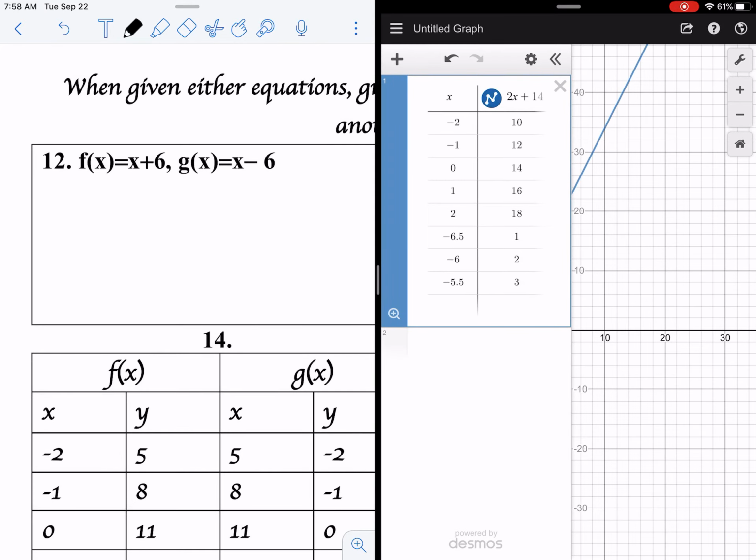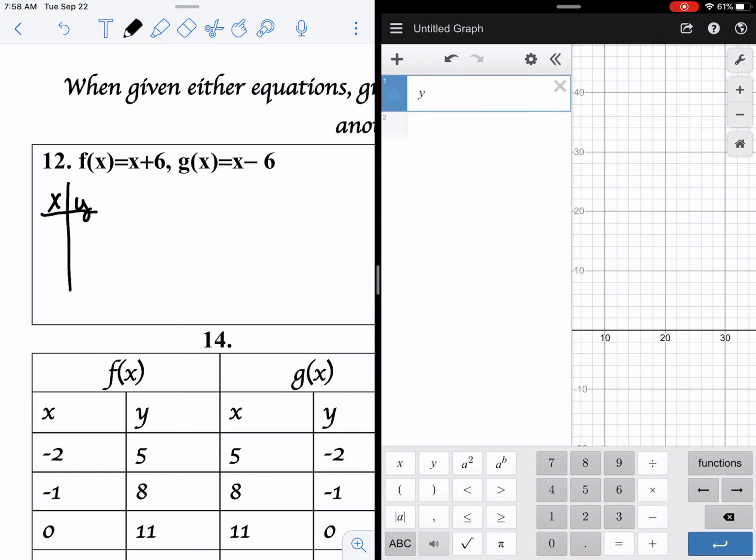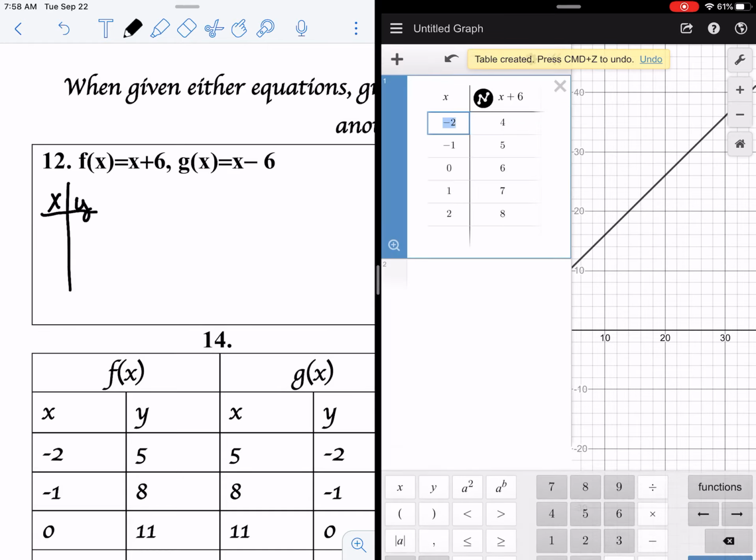I'm going to say x, y. I'm going to go y equals, type my first equation. Now, even though the question may say verify by algebra, nobody is going to know how you solved it. The important thing is that you get the answer right.